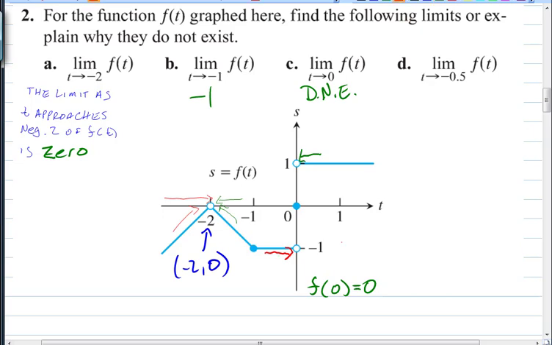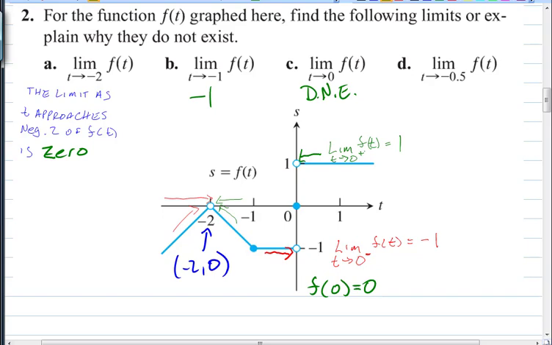Now, I'm going to spill the beans here. We have things called one-sided limits. The limit as t approaches 0 from the left of f of t is -1, and the limit as t approaches 0 from the right is +1, and if the left-hand limit and the right-hand limit are not the same, the limit does not exist.